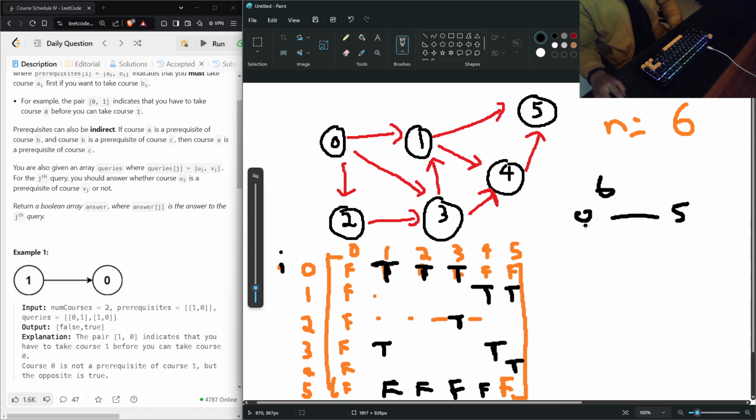Now for each intermediate node that we have, each intermediate node 0, 1, 2, 3 all the way till 5, we're going to see if we can find a connection between any two given nodes via this intermediate node.